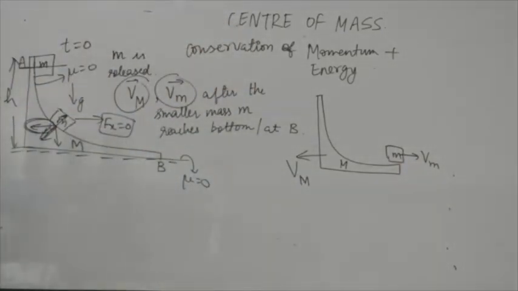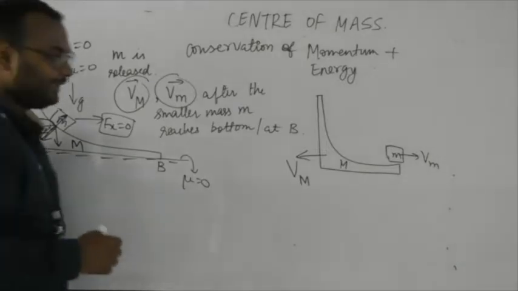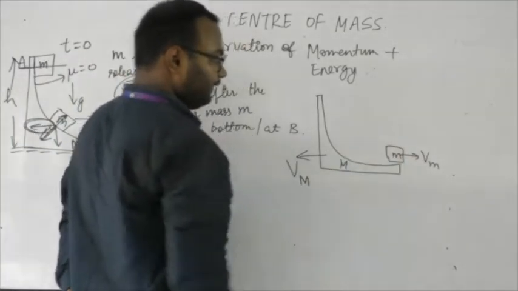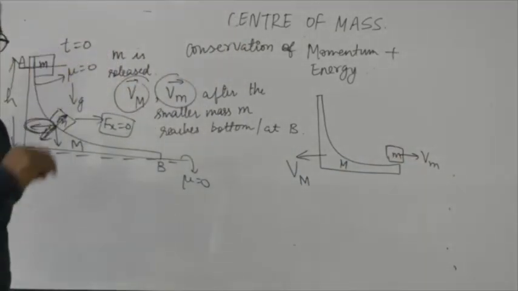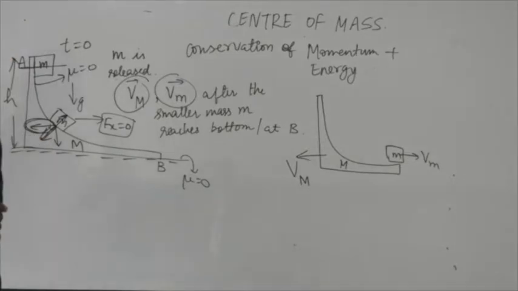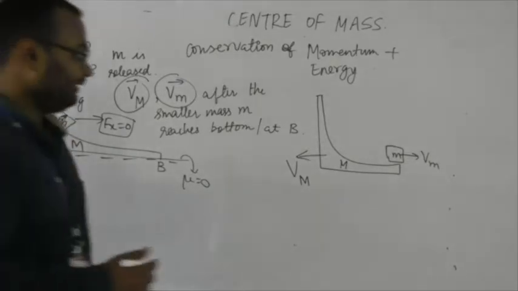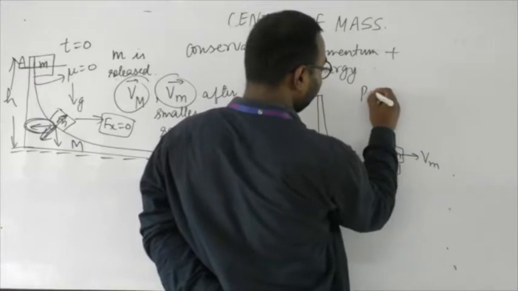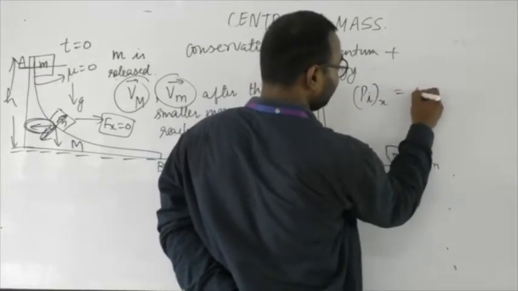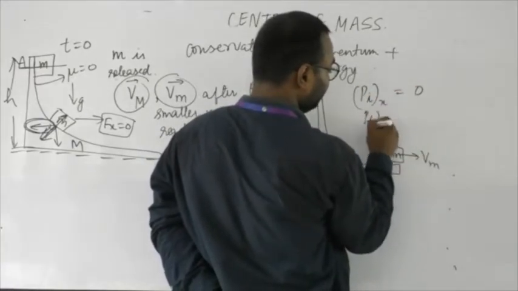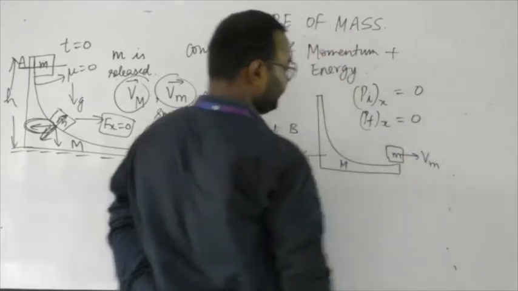So for that, we will first find the relation between these two velocities. We can find that by P initial equal to P final along x direction. P initial along x was 0, so P final along x is also 0.